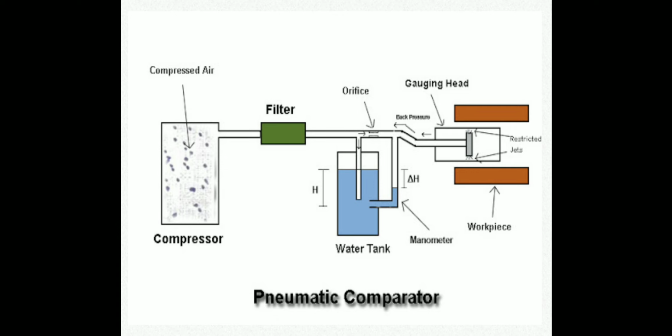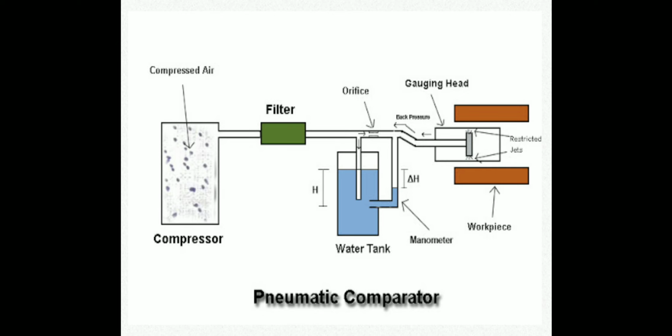The relationship between the first orifice pressure and the pressure between the orifices depends upon the relative size of the two orifices. After knowing these readings, we can easily find the measurement of that value.